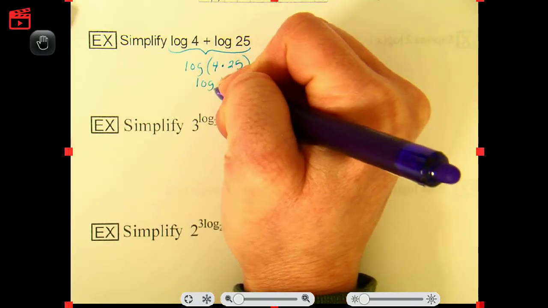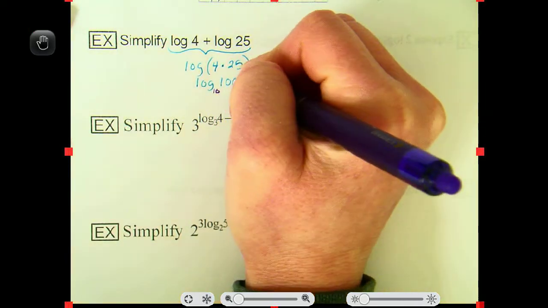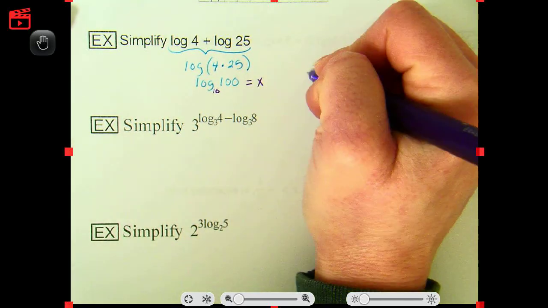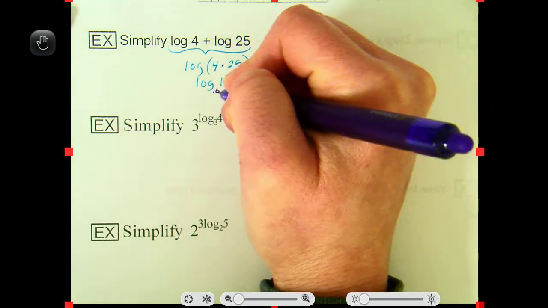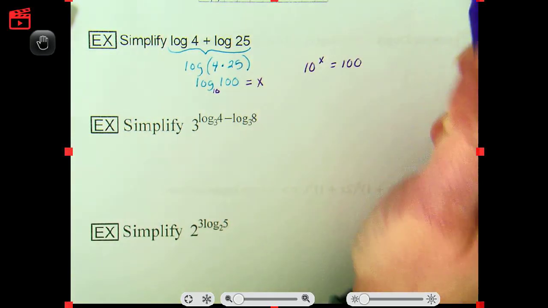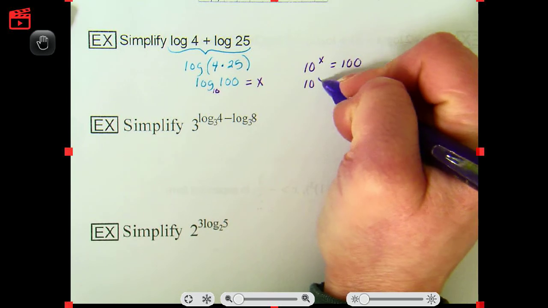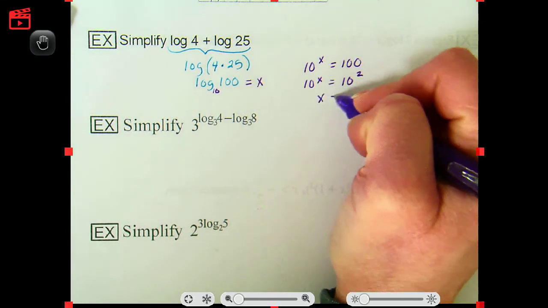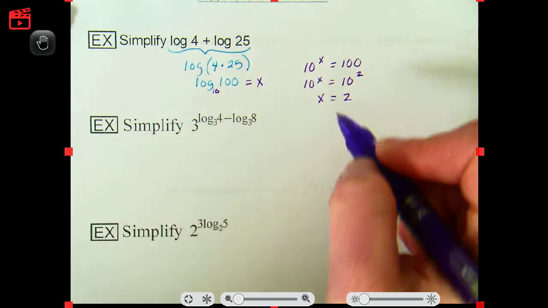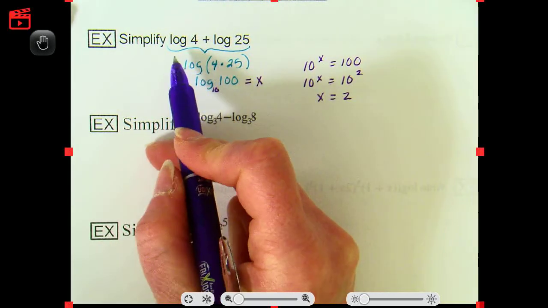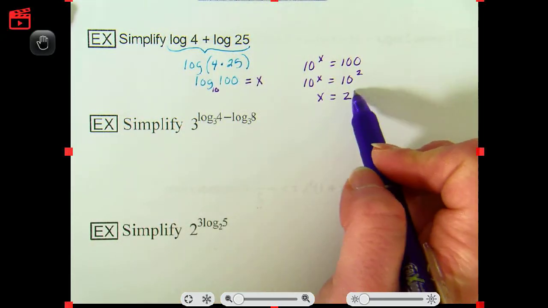This would technically have a base of 10, and if I set that equal to x, if I rewrote this, I start with my base, 10 to the power of x equals 100. I know that 100 is 10 squared, so that x equals 2. So all of that would equal 2. Kind of interesting. So apparently log 4 plus log 25 is 2.